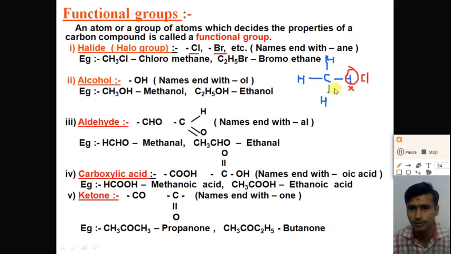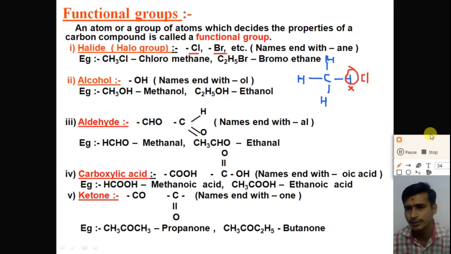What is the formula? CH3Cl, right? So the name of this carbon compound is chloro, and CH3, with only one carbon atom, is methane. So the name of this compound is chloromethane, right?